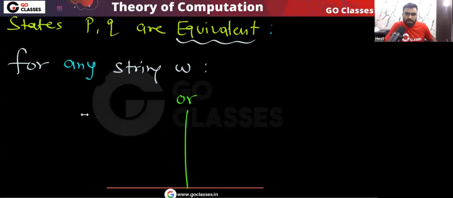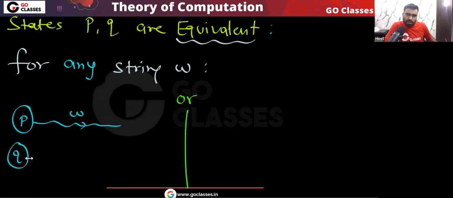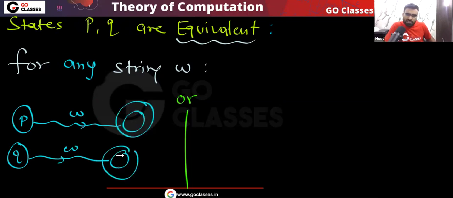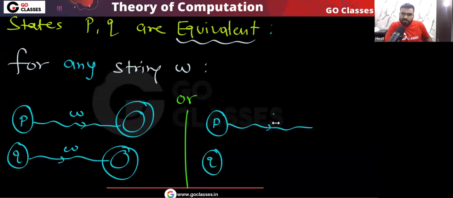If P is going to final, then Q should go to final. If P is going to non-final, then Q should go to non-final. Very simple point. This is your state P, this is your state Q. On any string W, either both are going to final state or both are going to non-final state.